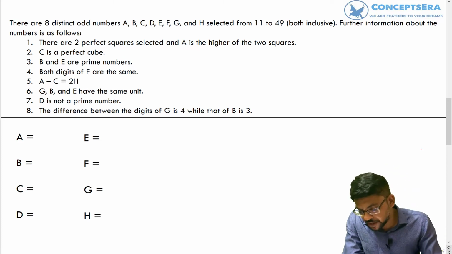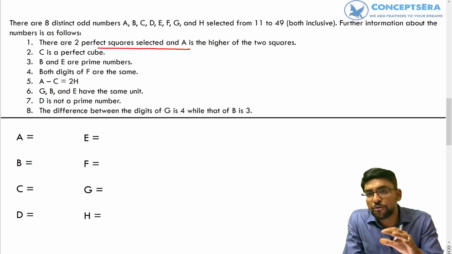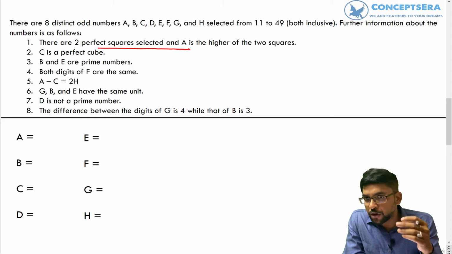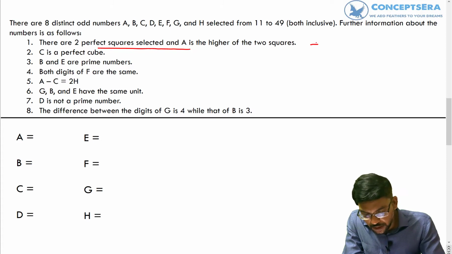If you look at the first point, it says there are 2 perfect squares. So we have to look for odd perfect squares between 11 and 49. There are 2 such perfect squares: number 1 is 25 and number 2 is 49.